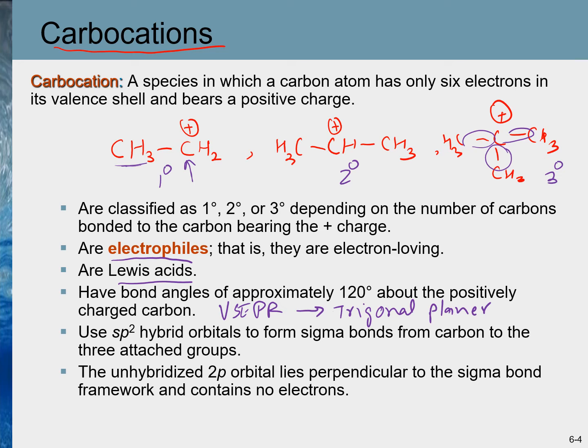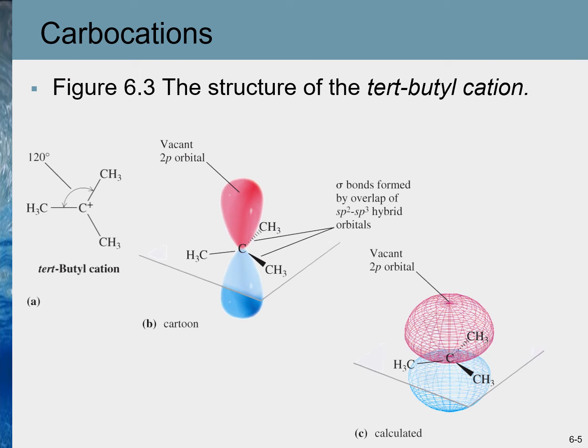The structure of a carbocation is shown in the next slide. The structure of a tertiary carbocation is shown here. So this is a tertiary butyl carbocation, and as we can see, the charge bearing carbon atom is bonded to 3 other carbon atoms, so therefore it's a tertiary carbocation.